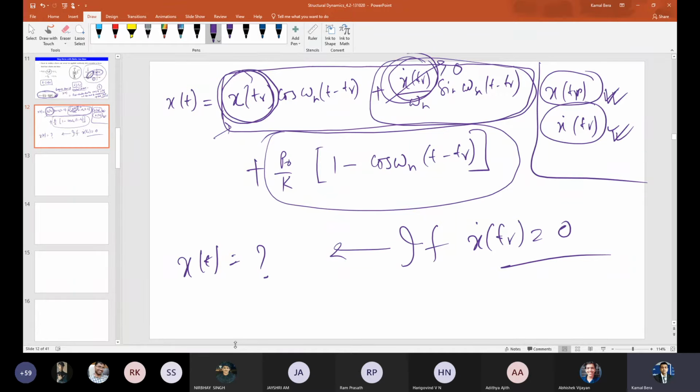What is x t coming? Just see, or is the graph just falsely showing something? Very interesting. So find out what is x t.